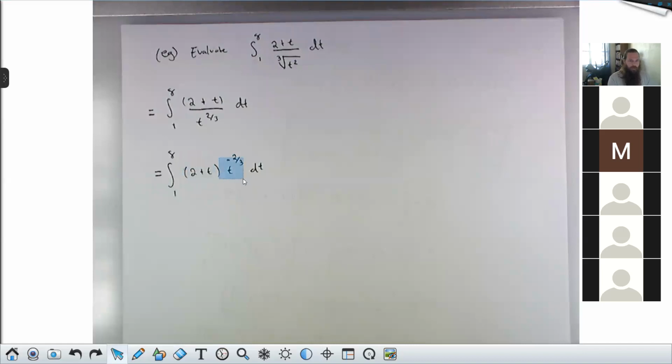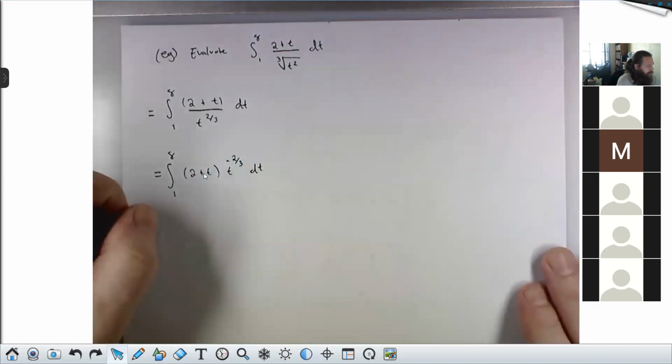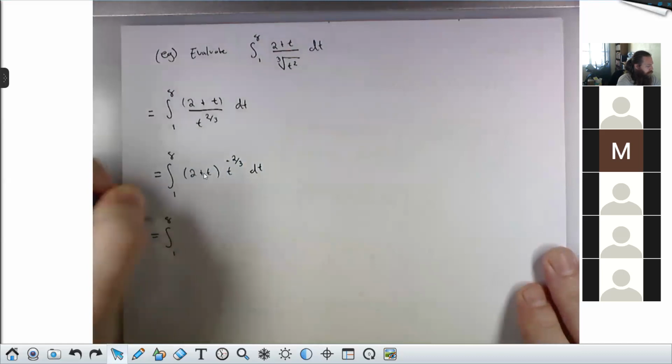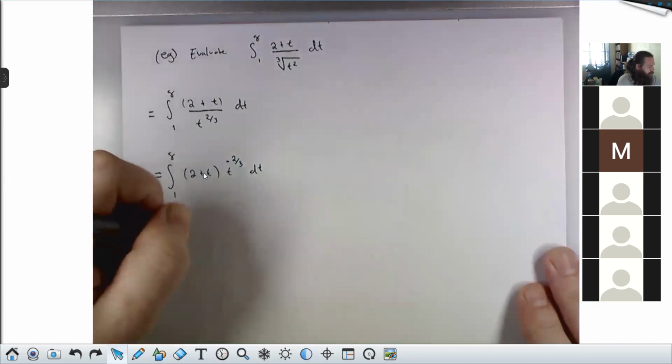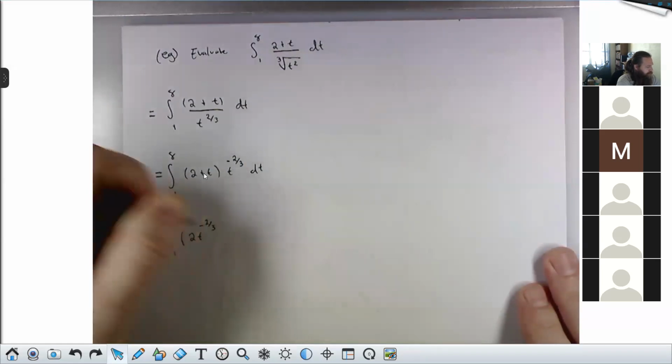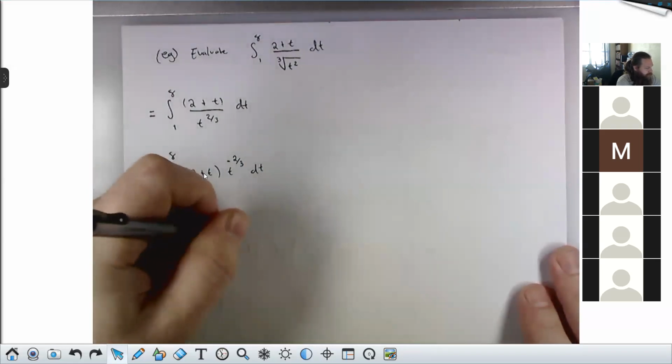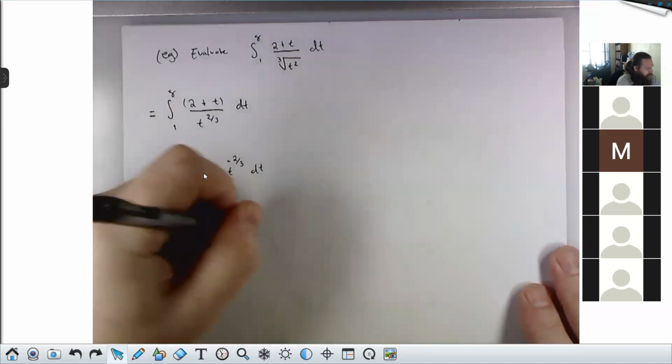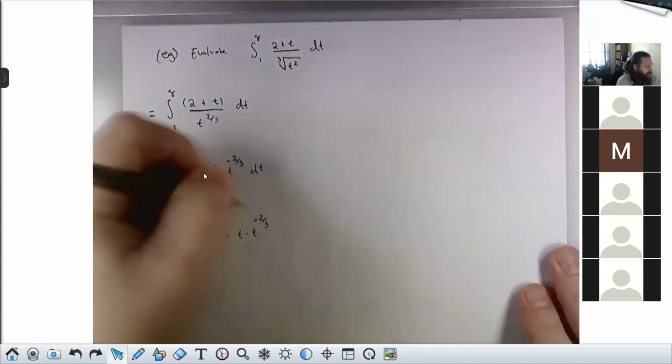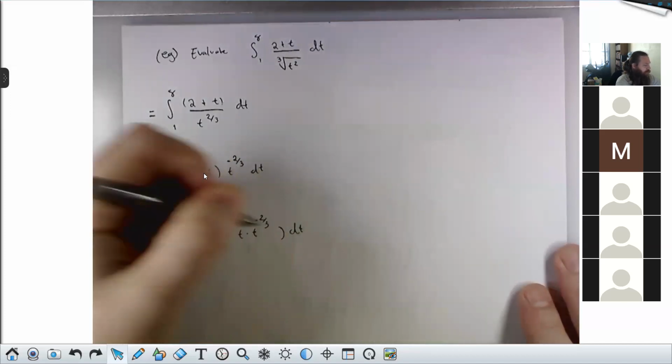But if we distribute this, then we can handle each of those pieces separately. So this is integral 1 to 8, parentheses, 2t to the negative 2/3 plus t times t to the negative 2/3, close parentheses, dt.